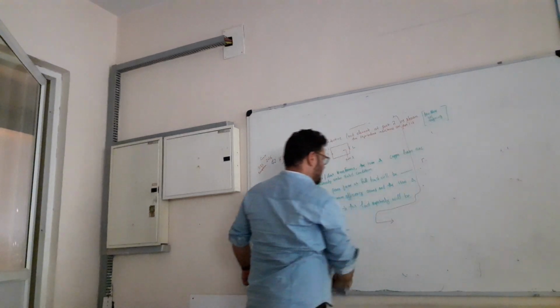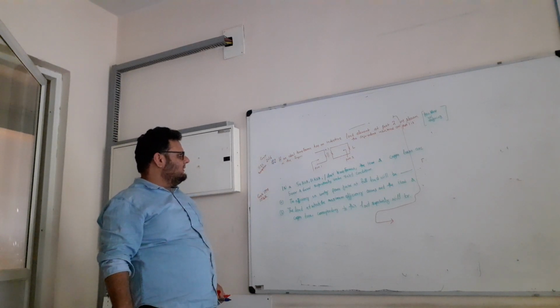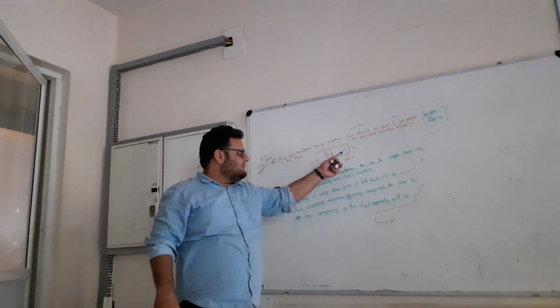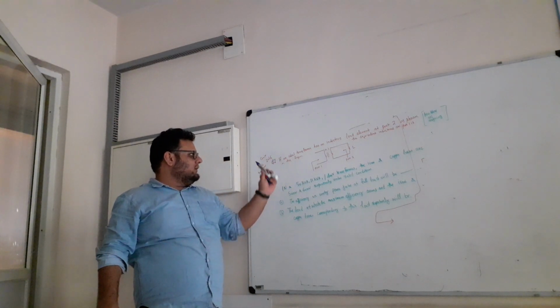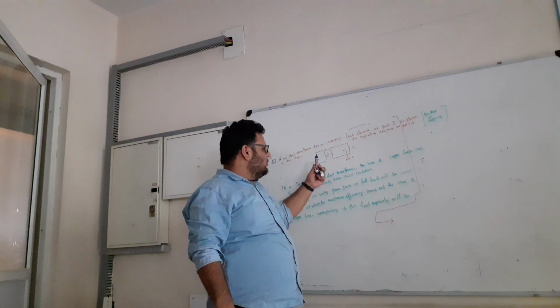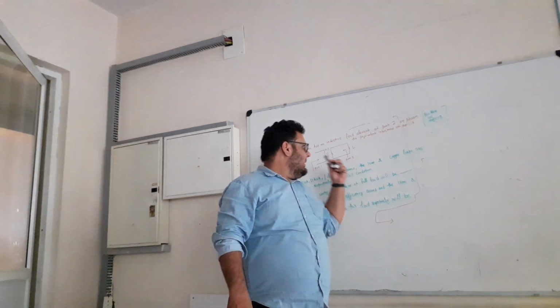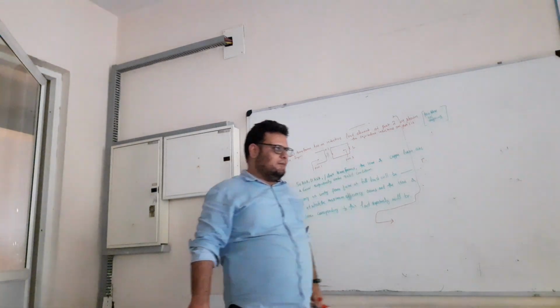Now the second problem states that if an ideal transformer has an inductive load element at port 2 as shown in the figure, what is the equivalent inductance on port 1? Basically, you have transformer ratio N is to 1. So on the primary side you have N, on the secondary side you have 1.